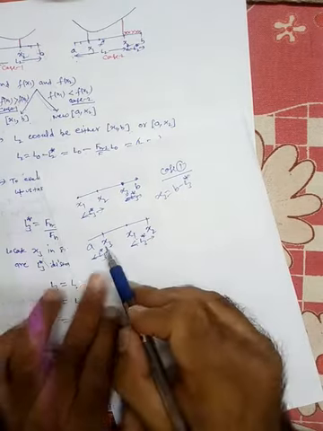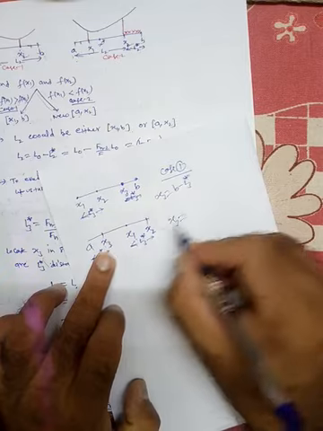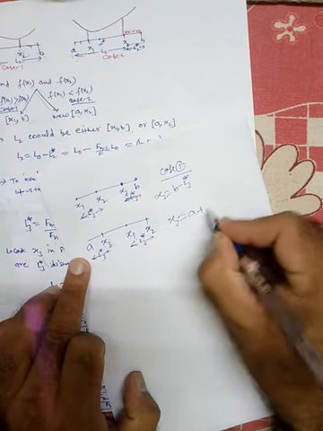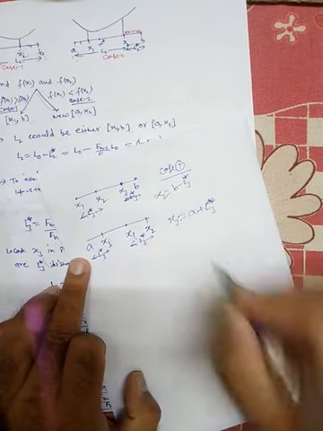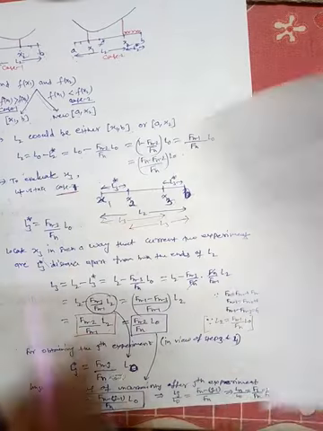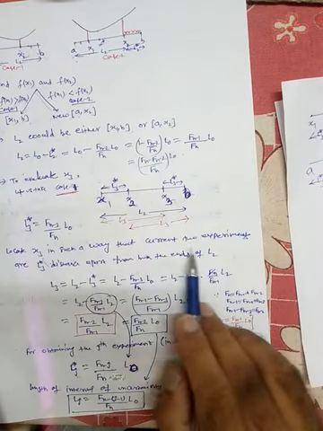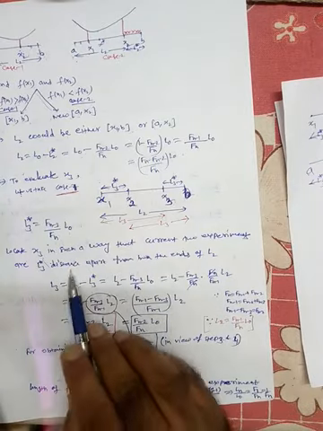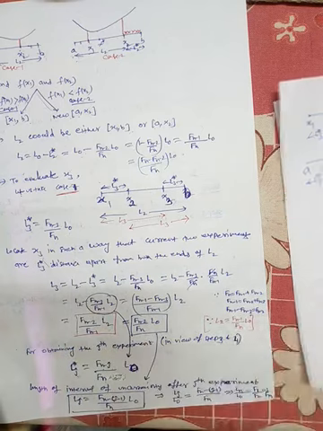Similarly here x3 will be a plus L3 star. So the current two experiments are L3 star distance apart from both the ends.